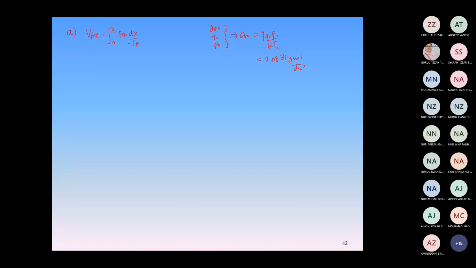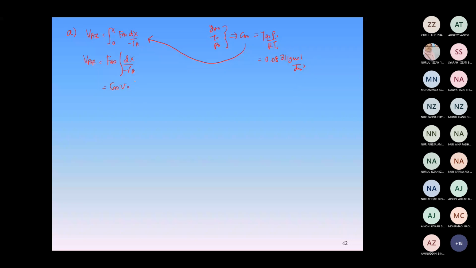So this is the value. Once you get the value, how do you relate CA0 with this equation? We can get it in terms of tau. Expand first: FA0 times the integral of dX over negative RA, where FA0 is CA0 V0.